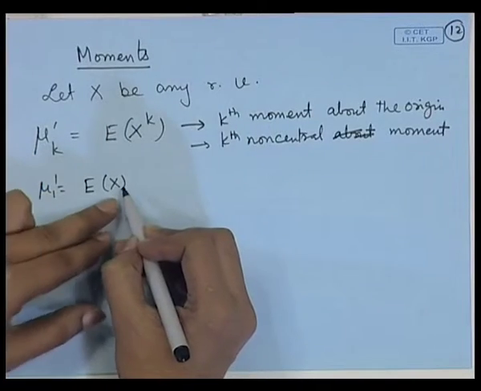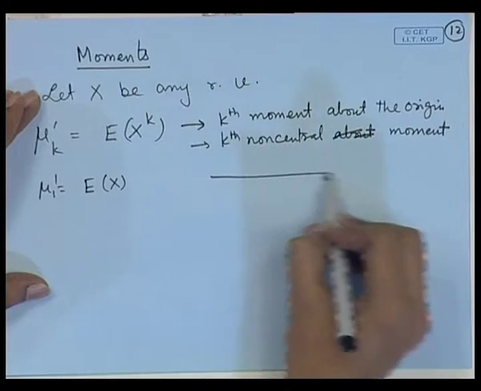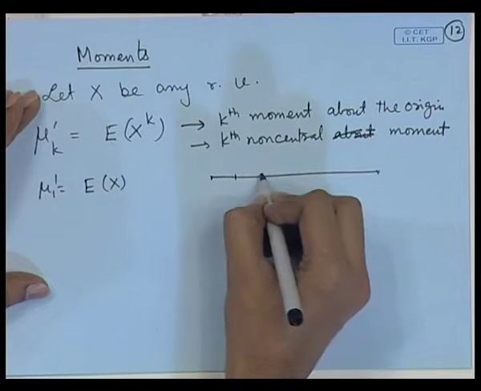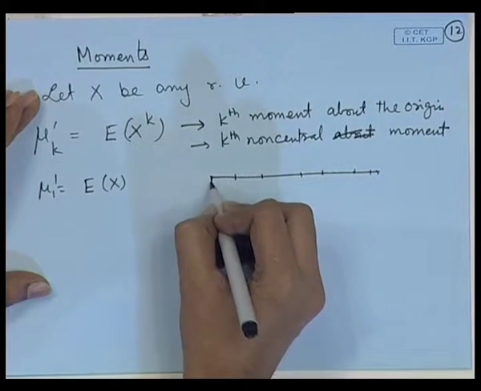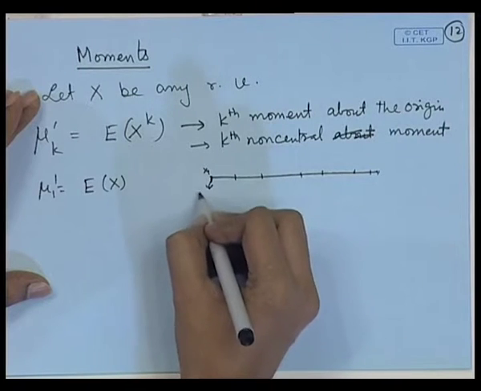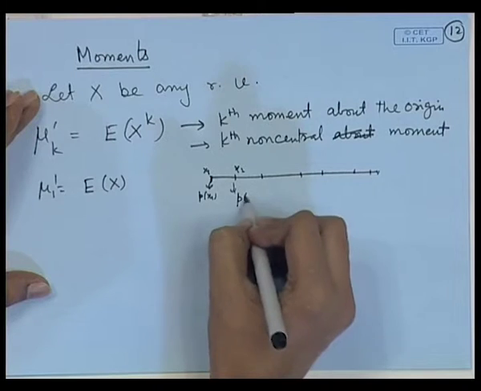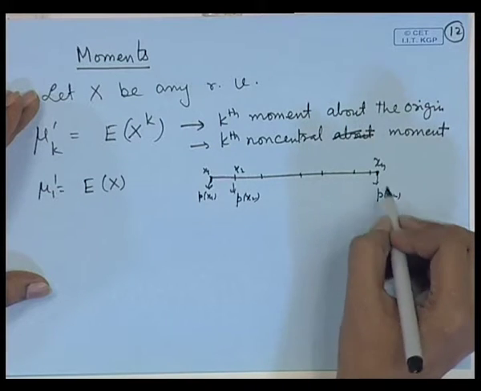So, if you look at expectation of x, in what way is it a moment? Suppose I consider a weightless bar with weights attached: at the point x1 we attach weight p x1, at x2 we attach the weight p x2, at the point xn we attach the weight p xn.